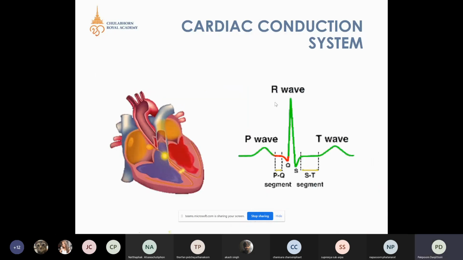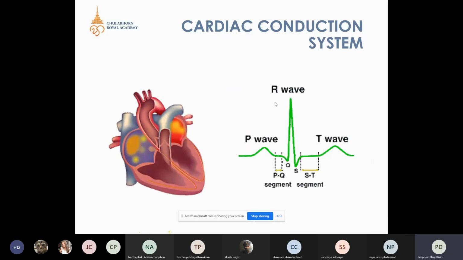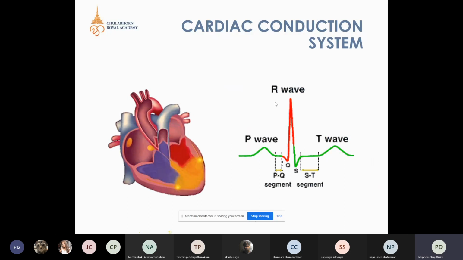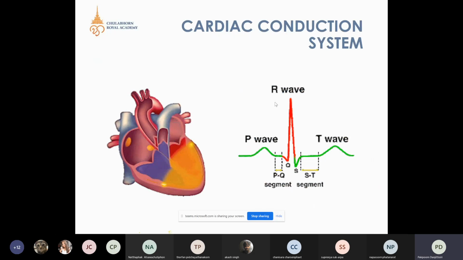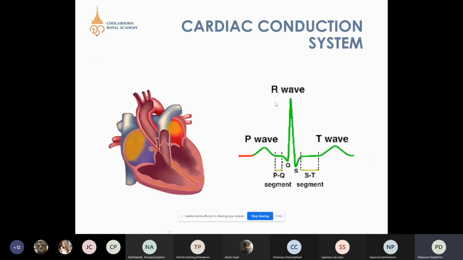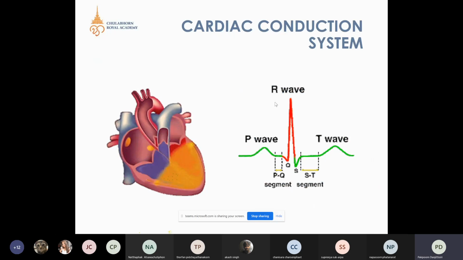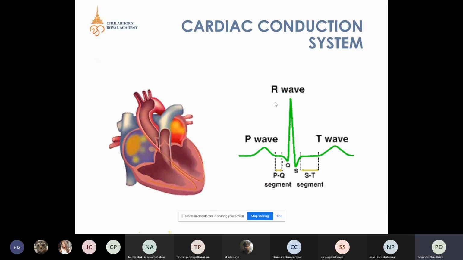Okay, this is an animation showing you the normal conduction system. The SA node generates the electrical impulse and then spreads it throughout the atria and causes the atrial depolarization. After that, the electrical impulse goes to the AV node to stay for a while, to be delayed for a moment.